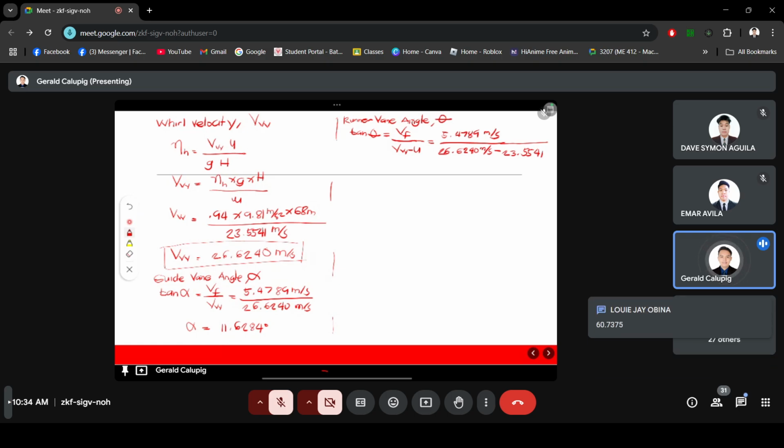Our runner vane angle is equal to, anong tama? Wait lang ha, compute natin. Arctangent of 5.4789 over 26.6240 minus 23.5541.